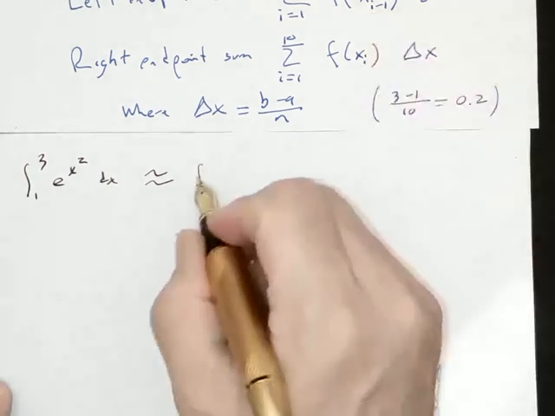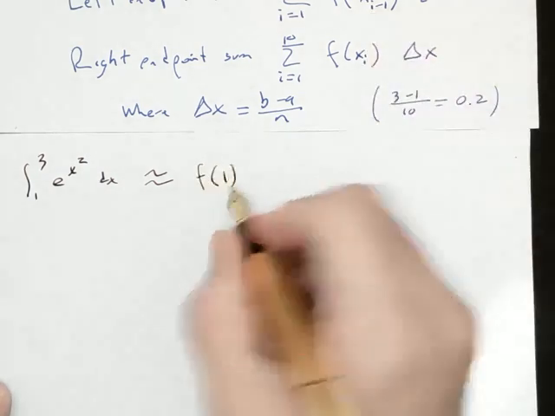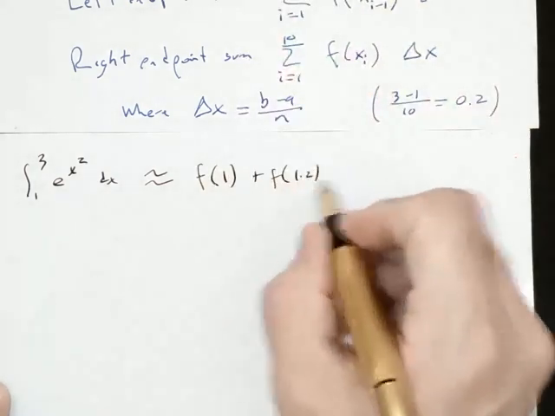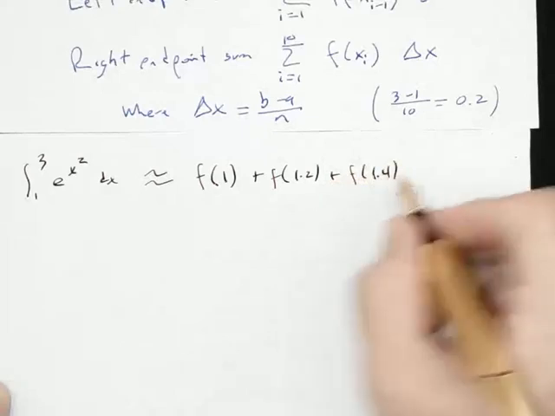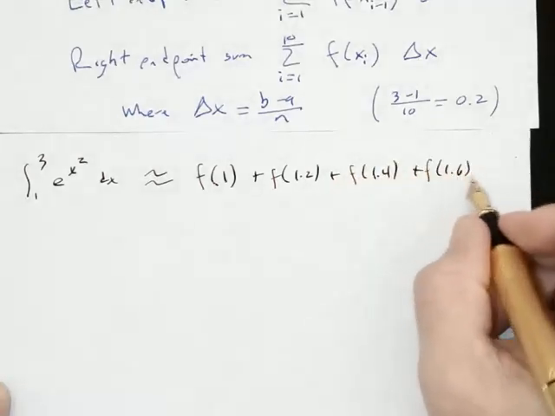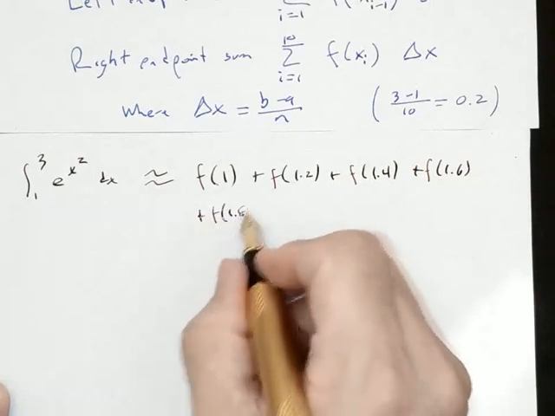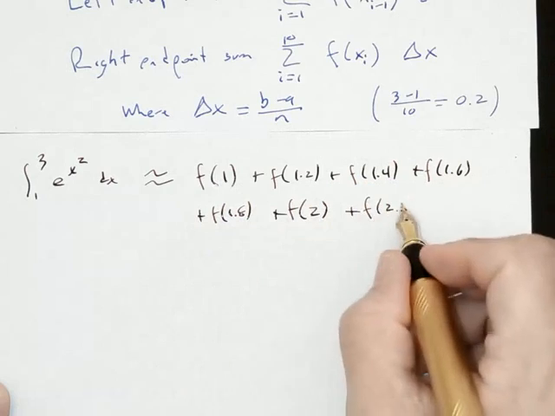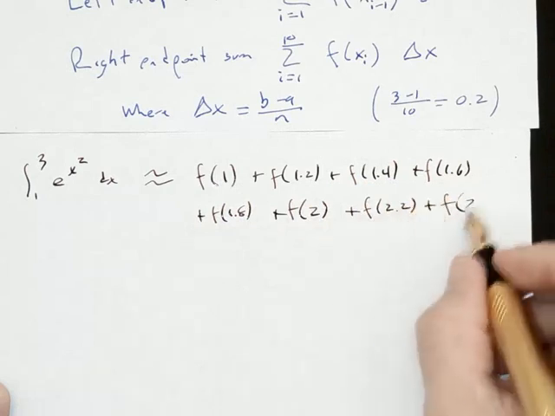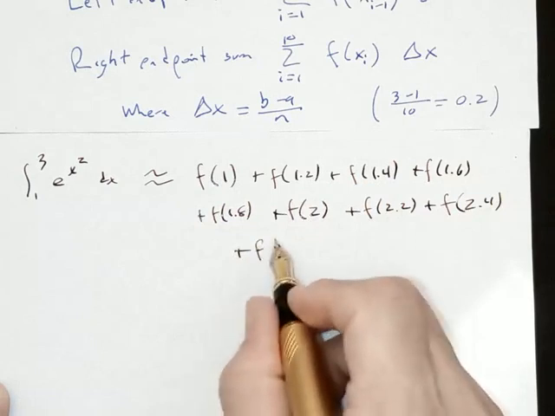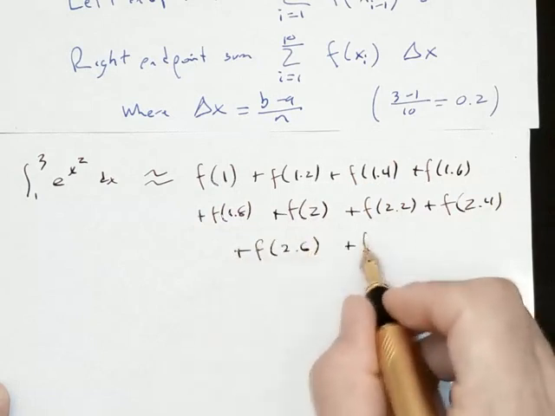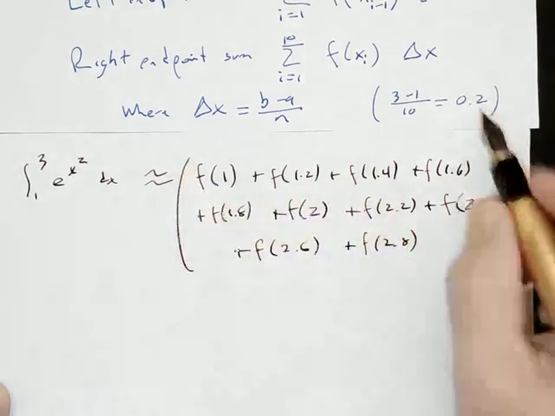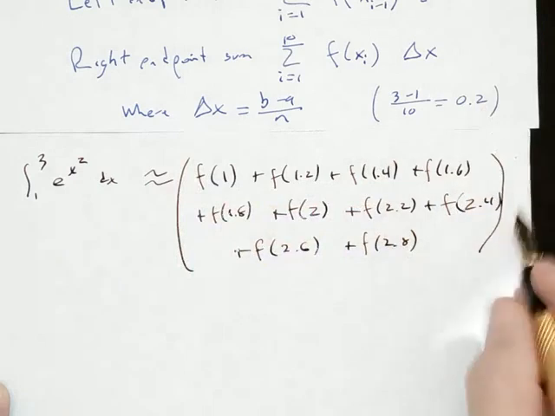We're going to have f of 1, that's x0, and then f of 1.2, and f of 1.4, f of 1.6, f of 1.8, f of 2, f of 2.2, f of 2.4, f of 2.6, and f of 2.8, and all of that is multiplied by the width of our interval.